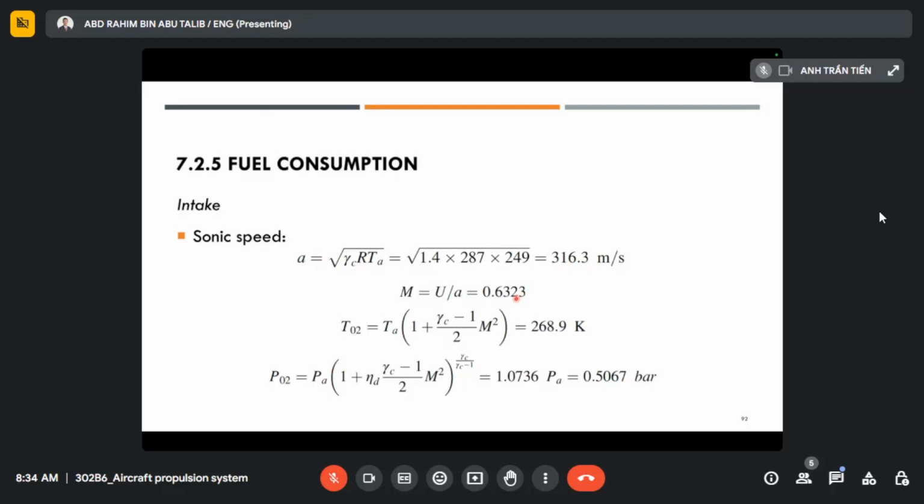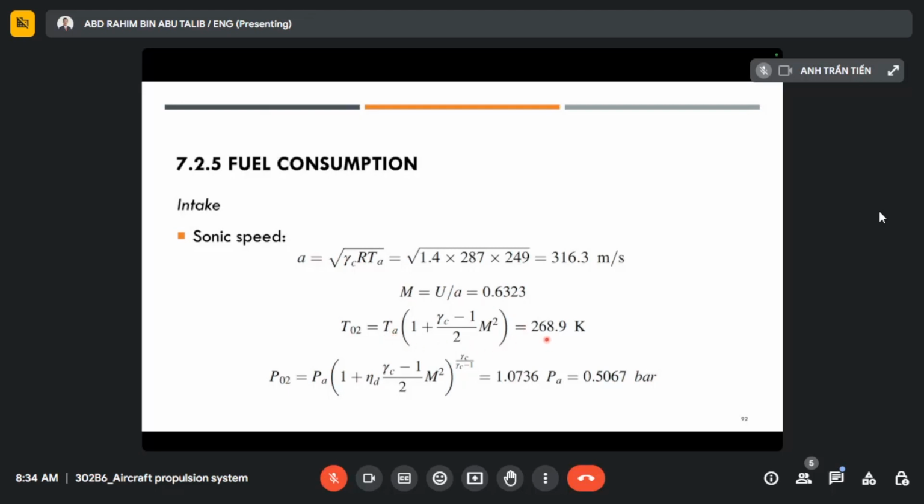You get the Mach number as 0.6323. The moment you get a Mach number more than 1, it means you are putting in the wrong values. So just do a check and use common sense: a turboprop flies at less than Mach 1, the sonic speed. And then you can find the TO2 using the expression for TO2.